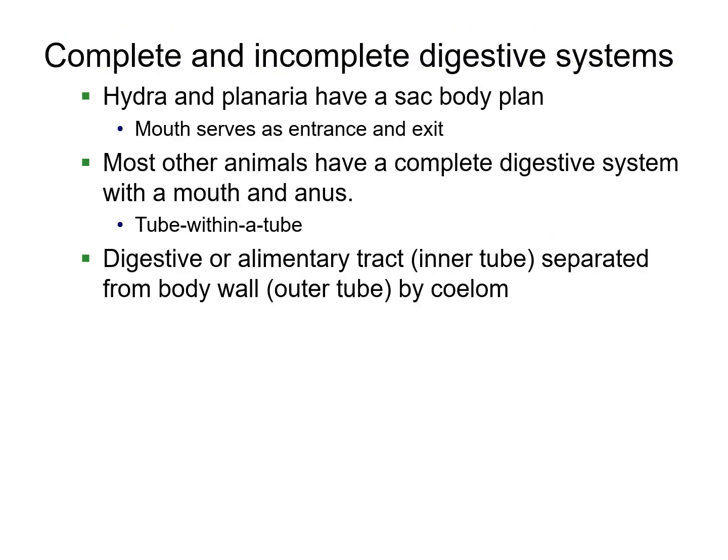Just like we were talking about with circulatory systems, where there's a closed and an open system, there can also be an incomplete and a complete digestive system. We mentioned these species in previous chapters: a Hydra and a planaria have this body sac, so their mouth is their entrance and their exit.